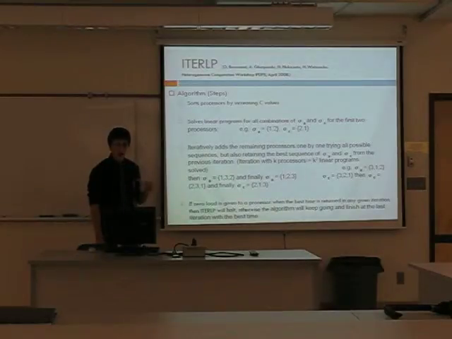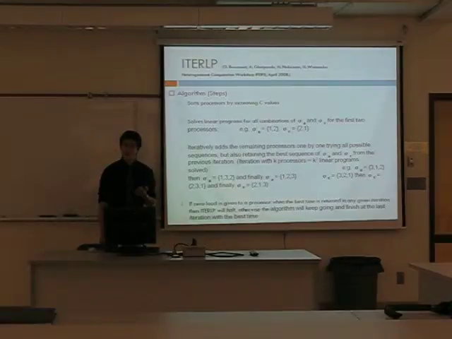After that, it iteratively adds the remaining processors one by one, trying all possible sequences, but also retaining the best sequence from the previous allocation and collection. You'll see there that I have an example for the first 2 processors.